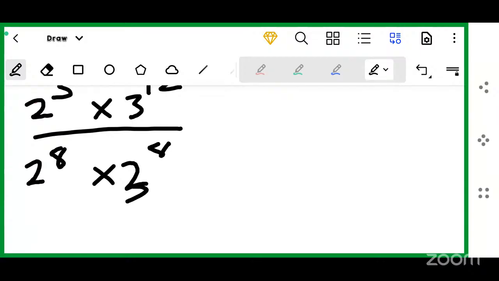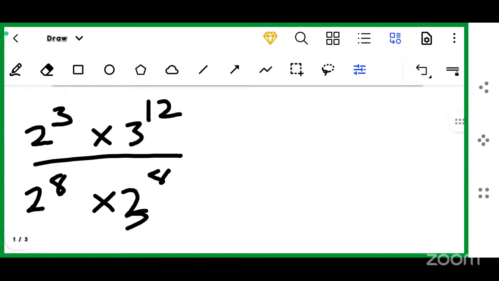So now we apply the like terms rules. Do you see any like terms? The like terms are 2 to the power of 3 and 2 to the power of 8, and 3 to the power of 12 and 3 to the power of 8.